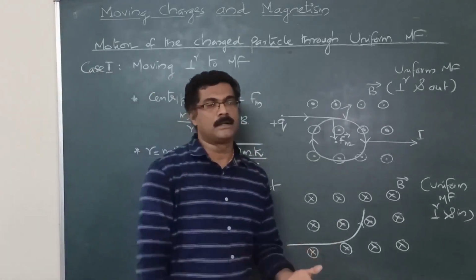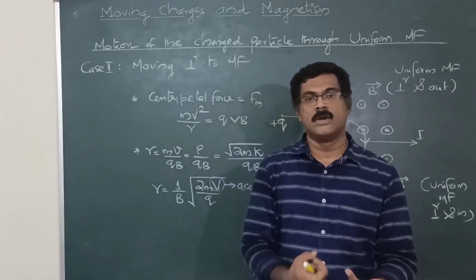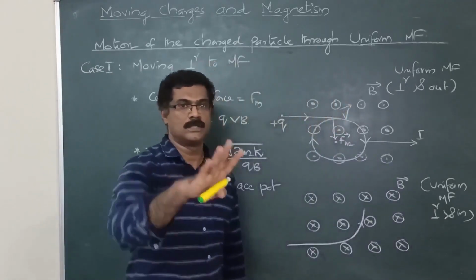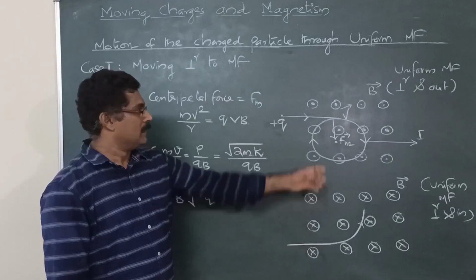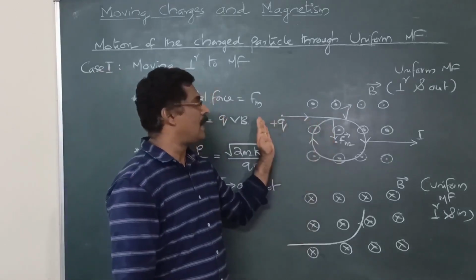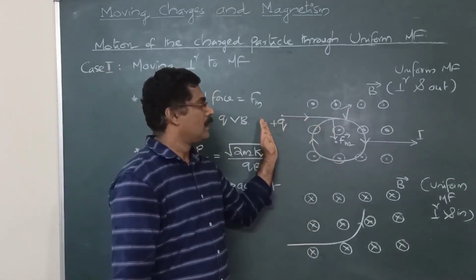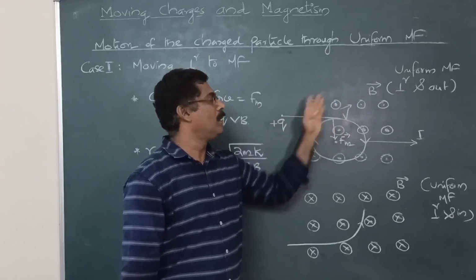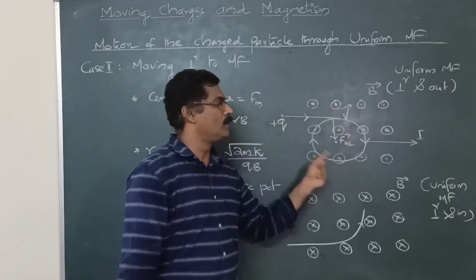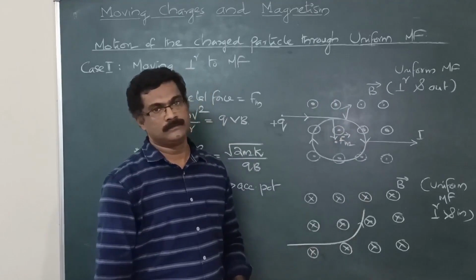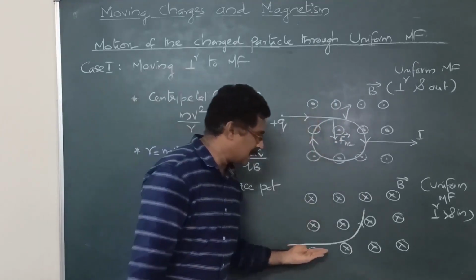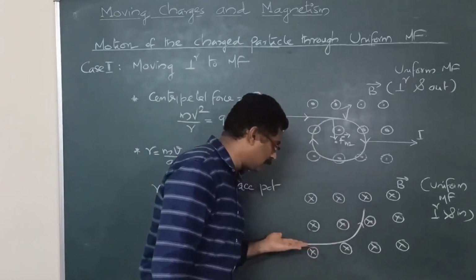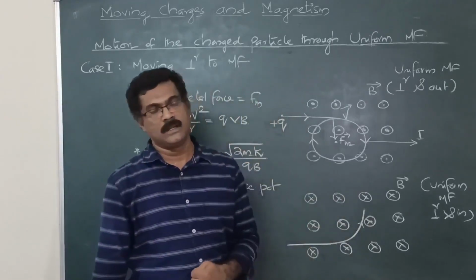Is it a neutral particle, positive charge or negative charge? That is the question. The earlier question was, if the charge and a magnetic field are given, how can you find the sense of revolution of the particle? But here the direction of deflection is given.